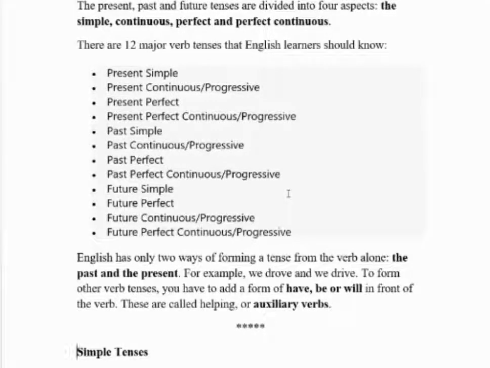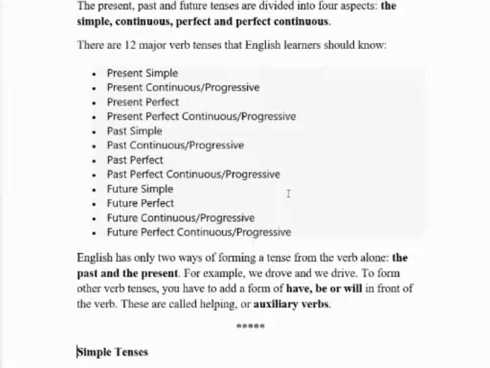English has only two ways of forming a tense from the verb alone, the past and the present. What does that mean? If you want to use the past, you can use only the verb, but you can change it by adding ed. You know this rule. And the present by changing the verb according to the subject.